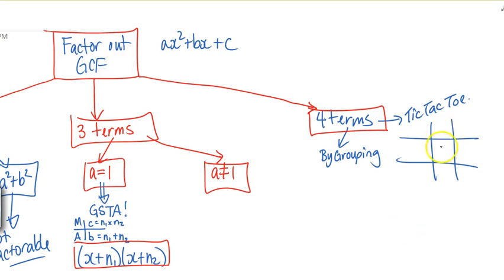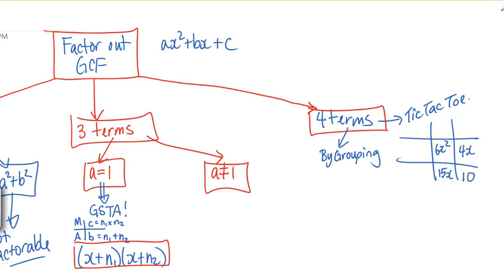If I have a question that looks something like this, 6x squared and a 10, and then I'll have a 4x and a 15x. What we do on the tic-tac-toe is we find the GCFs in the columns and in the rows, and we're good to go.